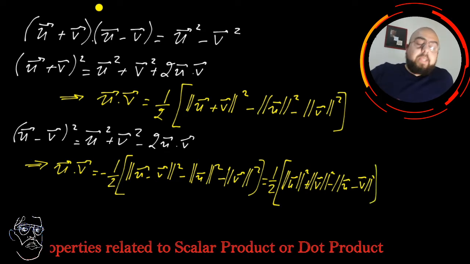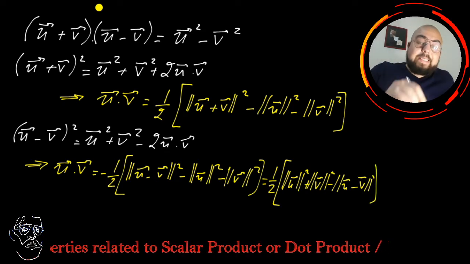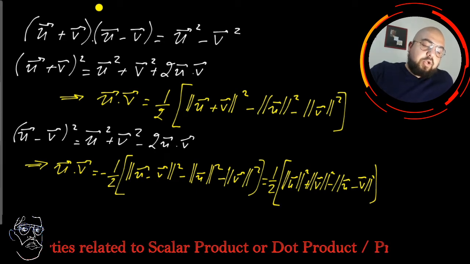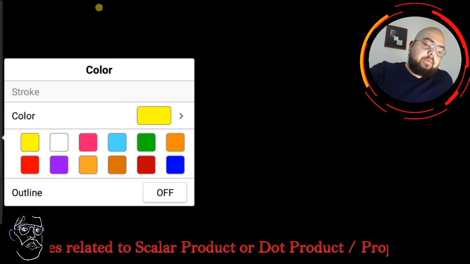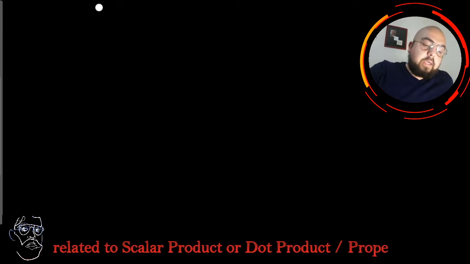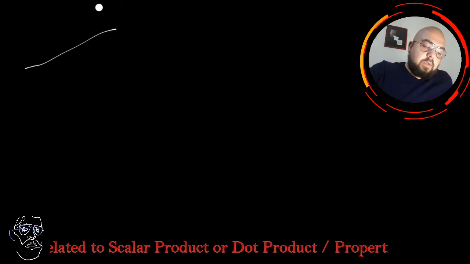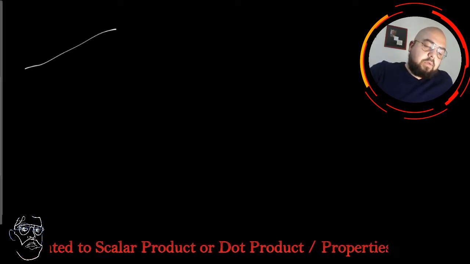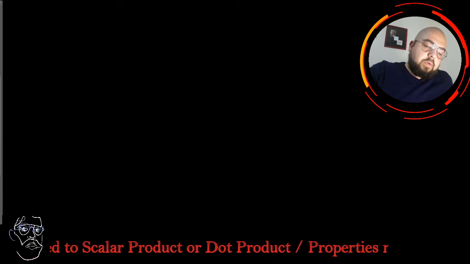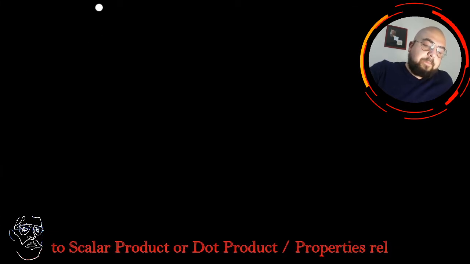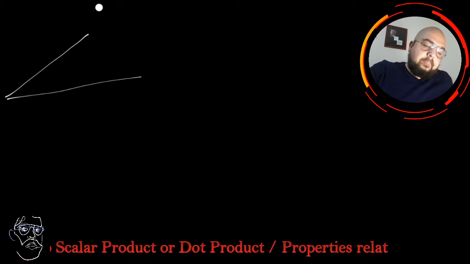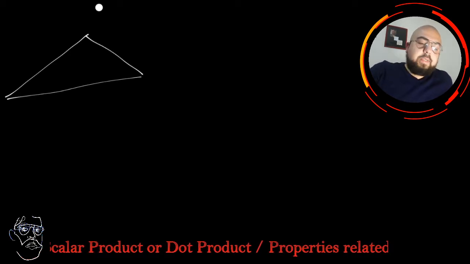Alright, I'm going to take an example about this property. Let's say we have a certain triangle ABC.